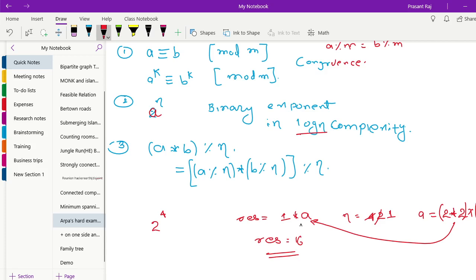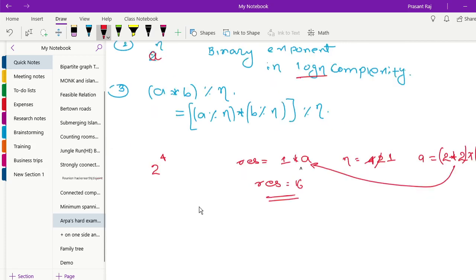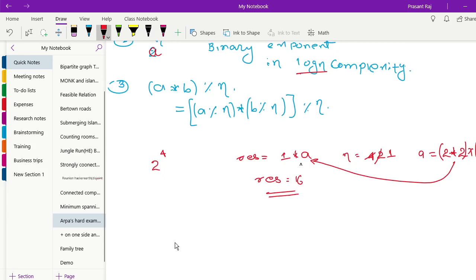Now the third property: if you want to calculate a into b modulo n, suppose a is equal to 3, b is equal to 4, and n is equal to 2. 3 into 4 is 12, modulo 2 is 0.